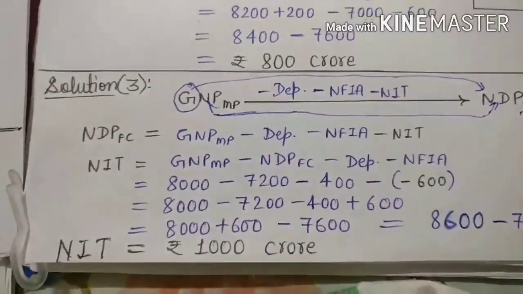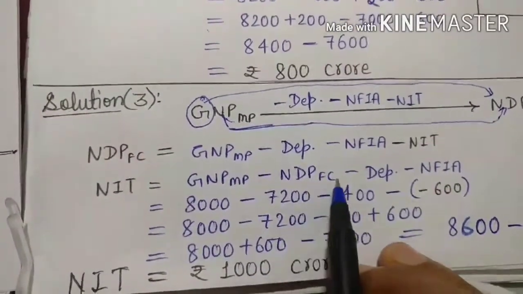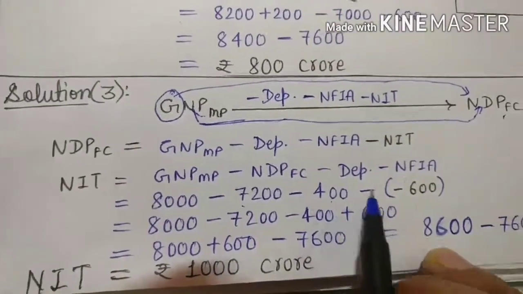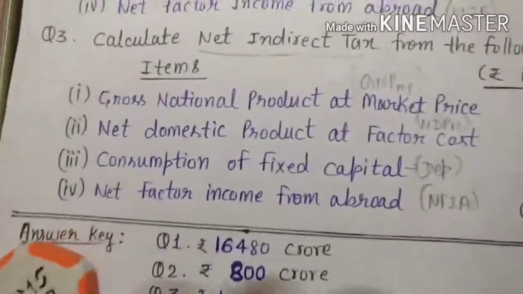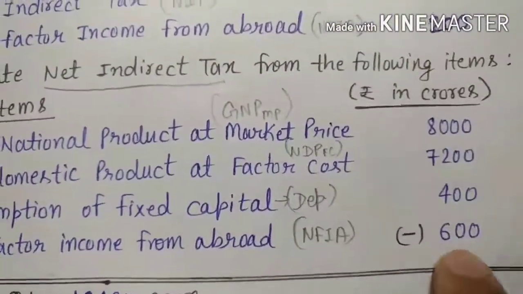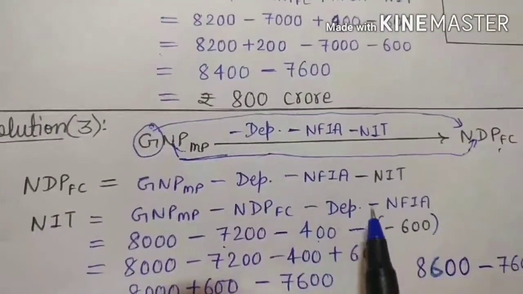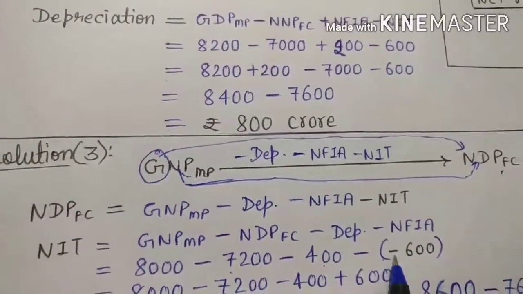Now put the values which were given in the question. GNP at MP was given 8000, NDP at FC was given 7200, then DAP was given 400, and NFIA was given minus 600. Remember, in the question they have given net factor income from abroad minus 600. So in the formula it is coming minus, minus NFIA, and NFIA was also a negative value, that is minus 600.